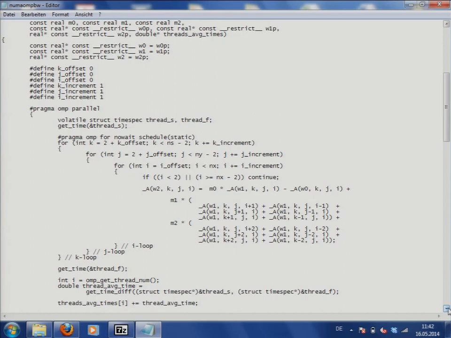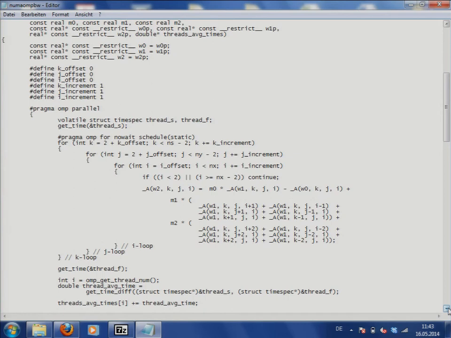So we not only go to k plus minus 1, but also to k plus minus 2 and j plus minus 1. So this is not only touching 3 successive layers, but 5 successive layers. And we write back to another array. So here you can see restrict, restrict, restrict, so perfect. No dependency assumed by the compiler, but the compiler didn't vectorize.